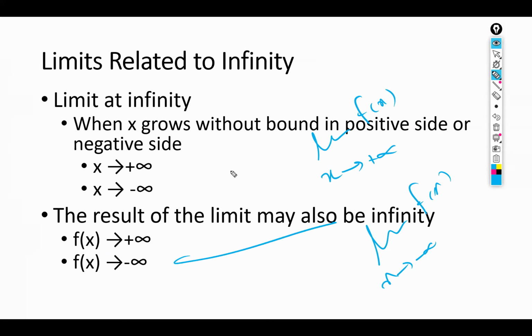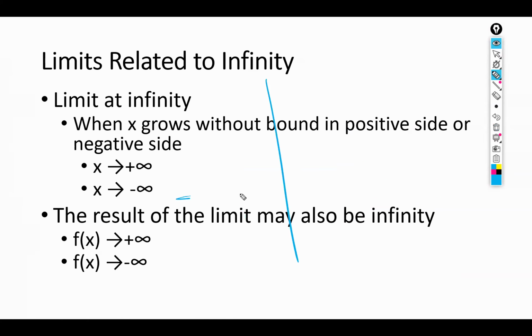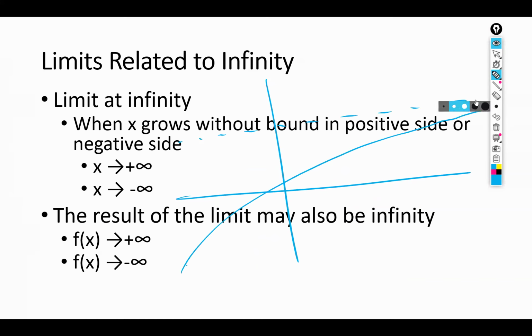That means this is your Cartesian plane. We are going towards plus infinity, and you keep moving towards minus infinity. What happens when you are going towards minus infinity to your f(x)? Because sometimes you have this kind of a graph, going like this. When you are getting closer and closer to plus infinity, this is getting closer and closer to 3.